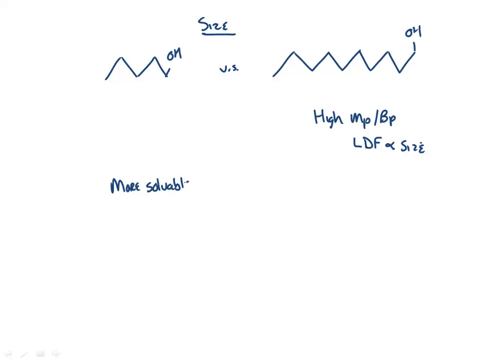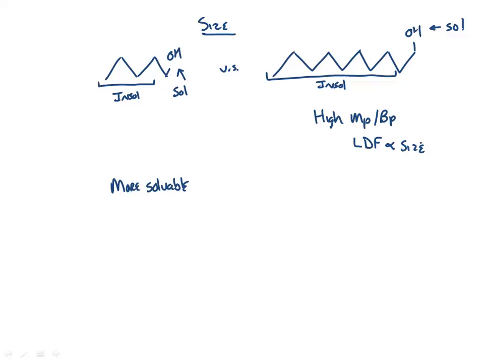The smaller one is more soluble because this part right here is insoluble, and the OH group, or the alcohol group, is the soluble part, whereas here we have a really large part that's insoluble and just a tiny part that's soluble. So small molecules are more soluble.